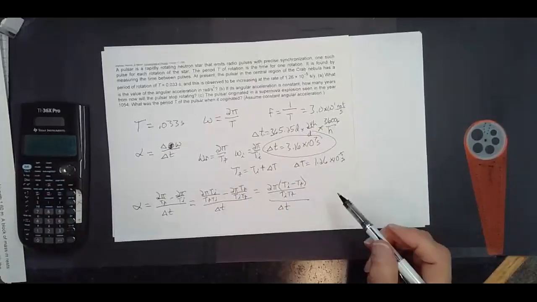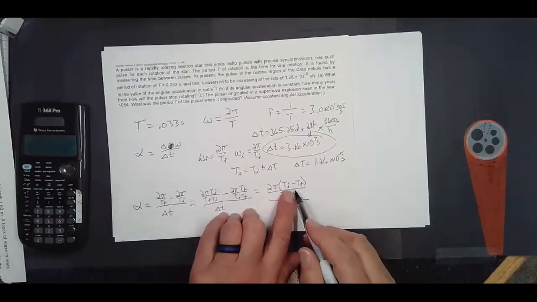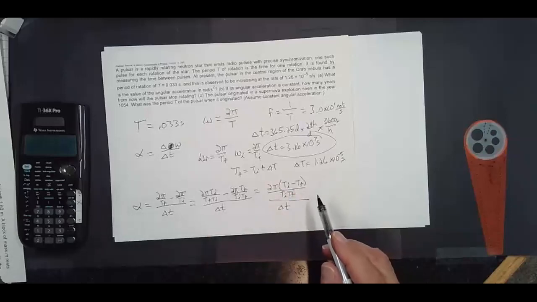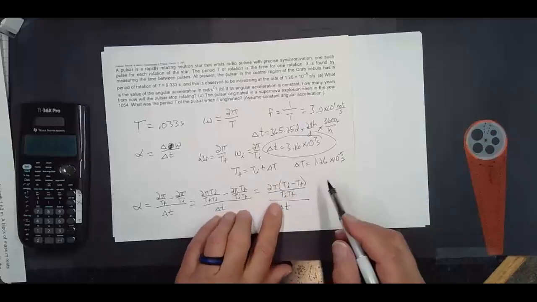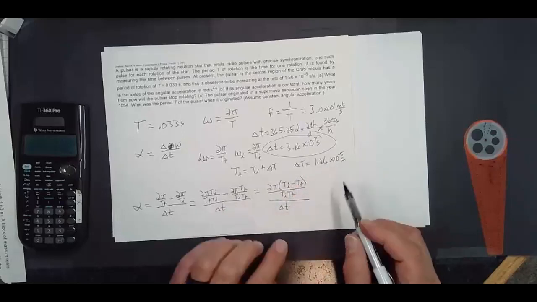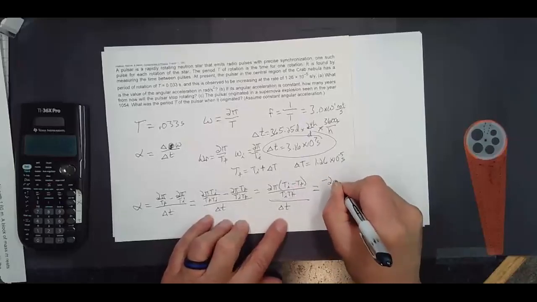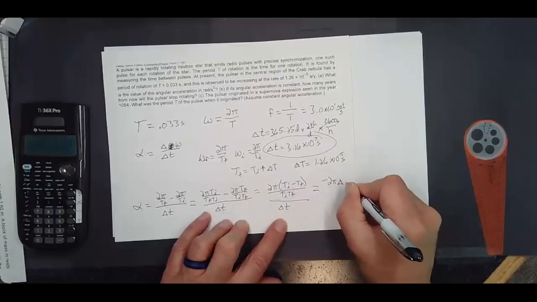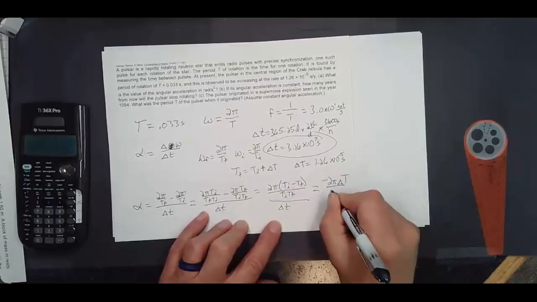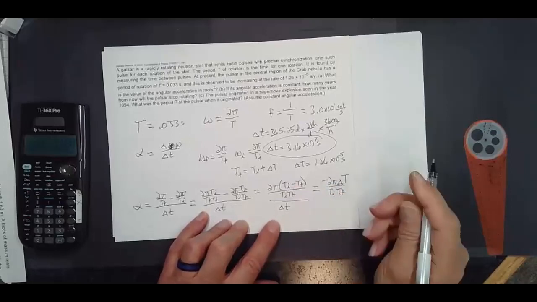And let's see, what can I do? T initial minus T final, where T final is bigger, is going to be the negative of that delta T that we've got there. So I'll have minus 2 pi delta T, delta capital T, divided by T initial, T final.